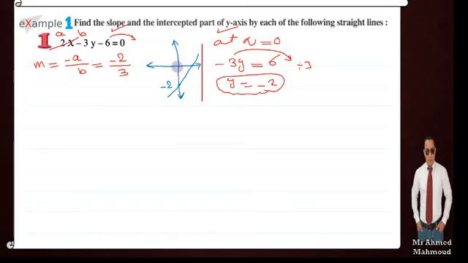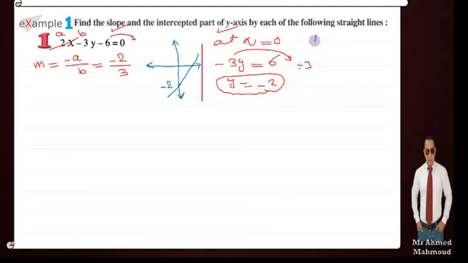What is the distance between this point and the origin? It's 2 units. I wrote here the distance with a positive sign because the distance is not negative. So when he asks me what is the intercepted part, or what is the length intercepted from the y-axis, I will answer him, it's positive 2, but from the negative part of the y-axis.